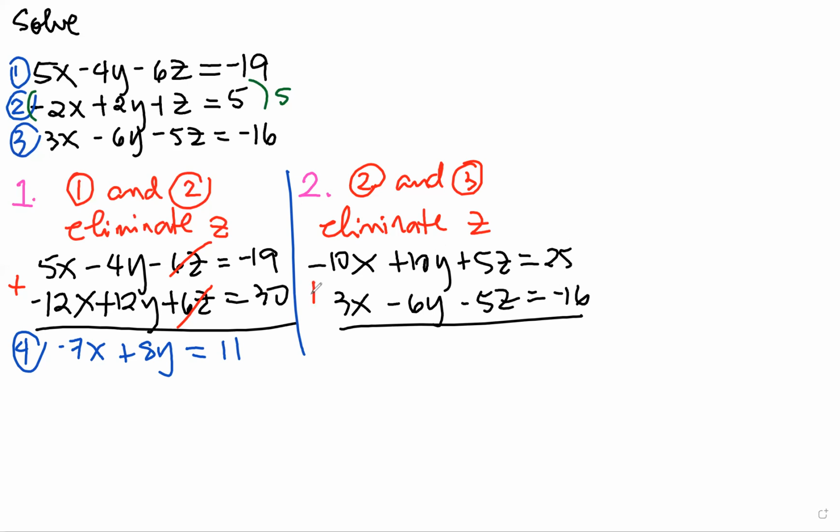And add these two equations again to eliminate z. 5 minus 5 is 0. So negative 10x plus 3x is negative 7x. 10 plus negative 6 is positive 4y. 25 plus negative 16 is 9. And this is now my fifth equation.